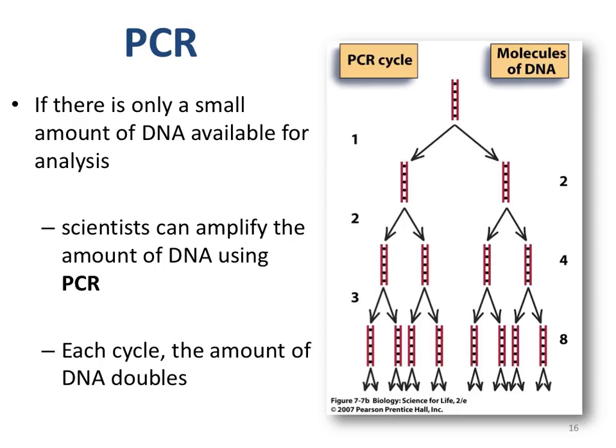So here's the PCR cycle. You start with a strand of DNA. You make an identical strand. Those two separate strands make another copy of themselves. So you get 4, 8. Each cycle, you double the amount of DNA.